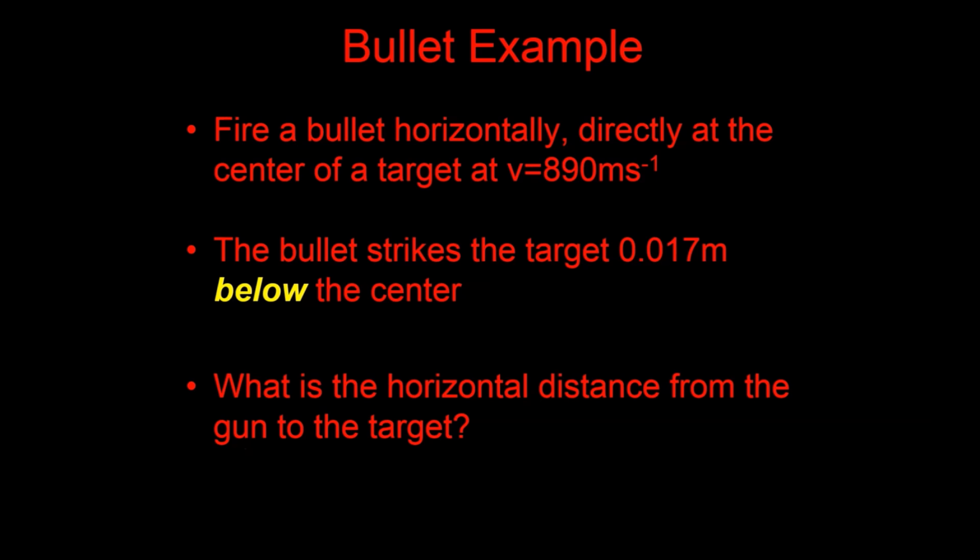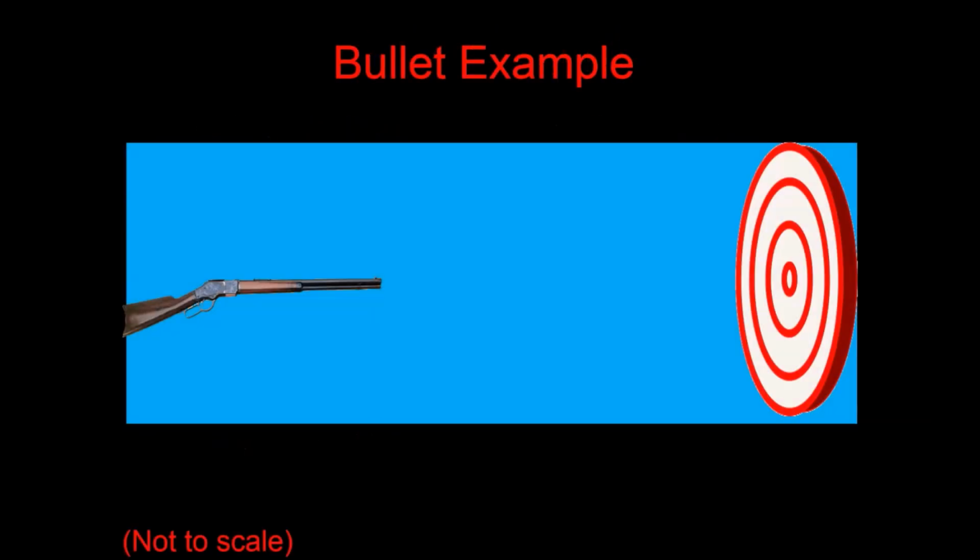So let's turn this into one of our handy diagrams once again and look at our situation. Here's our rifle, not to scale of course. Here's our target. The bullet fires from the gun. I realize that the bullet would not look like this, but we're trying to make it visible. The bullet fires from the gun and then drops under gravity as it moves, causing the bullet to strike below the center of the target.